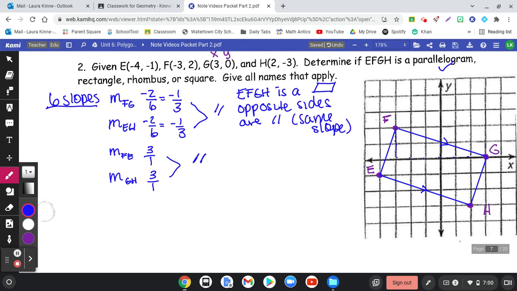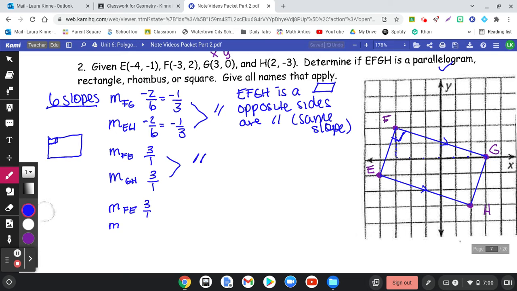Now we want to prove that it's either a rectangle or not, rhombus or not, square or not. Okay. So to prove it's a rectangle, remember a rectangle is a parallelogram, which we already proved, with one right angle. So in order to prove it's a right angle, look at the slopes. So let's look at the slope of FE or EF, which we said was 3 over 1.